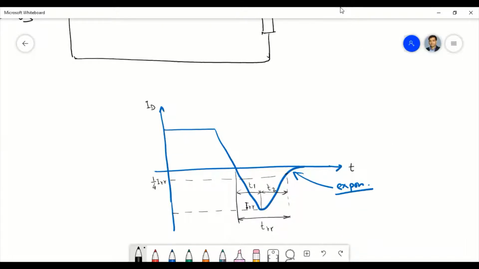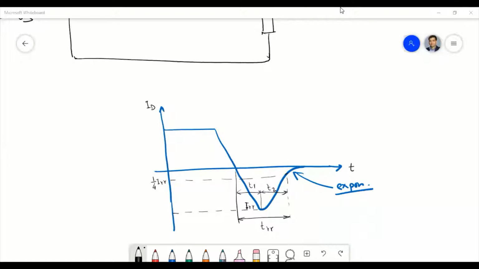Now let me ask somebody else. Oishani Chatterjee, are you there? Yes, sir.